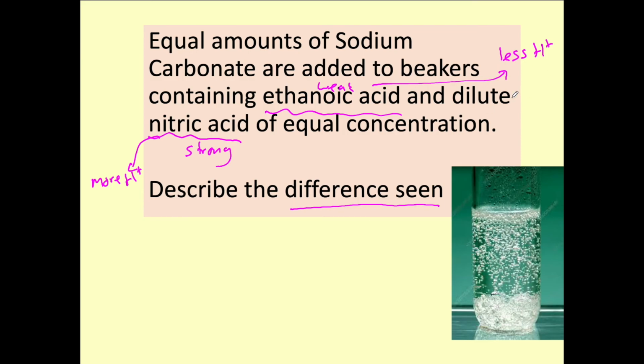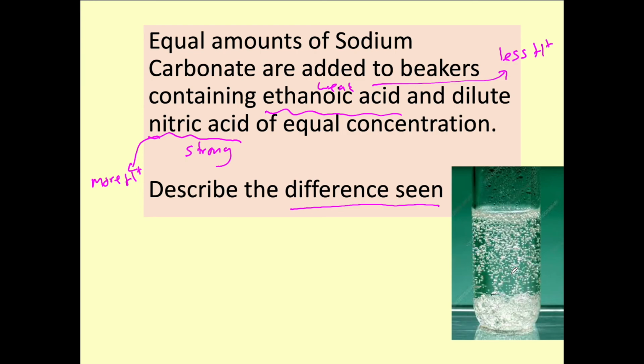And so thinking about the difference seen, it's all going to be about the availability of those H+ ions to react. Now we haven't looked at how acids and alkalis react, other than that video that you've seen. But in that video, you saw bubbles being produced, so carbon dioxide ends up being produced in this reaction. So the difference that we should be seeing is the amount of carbon dioxide produced.